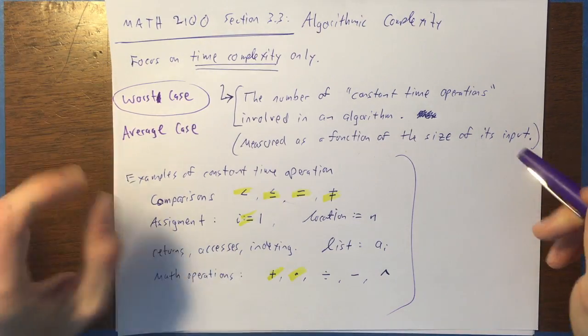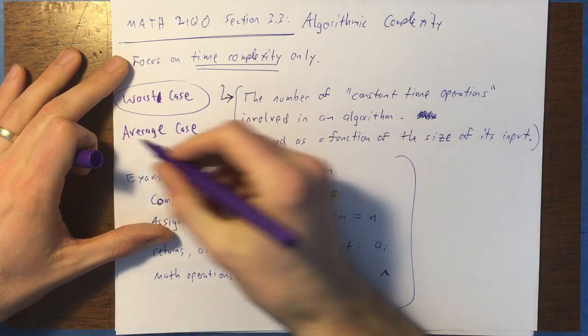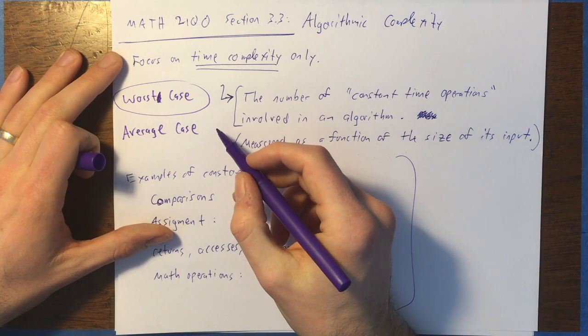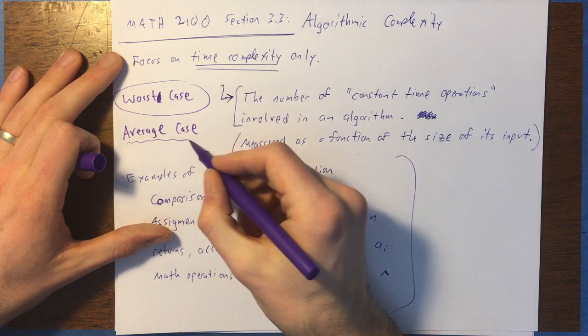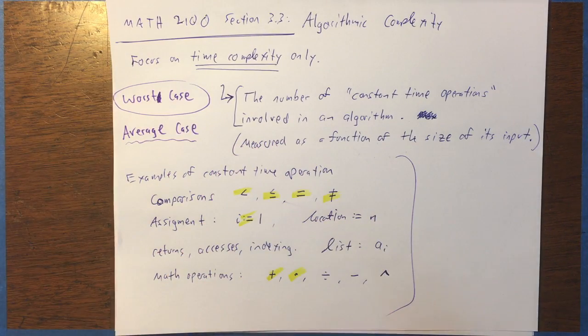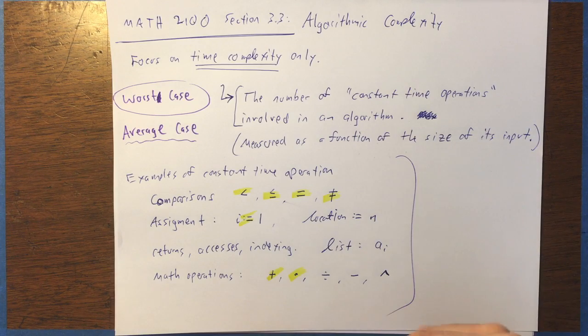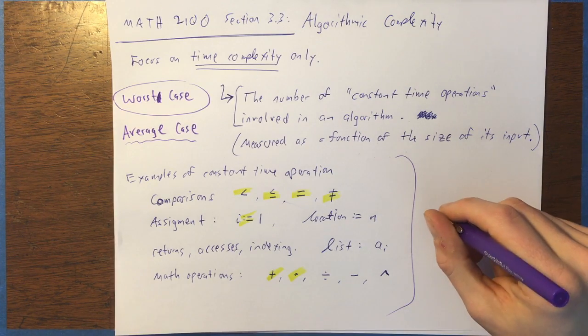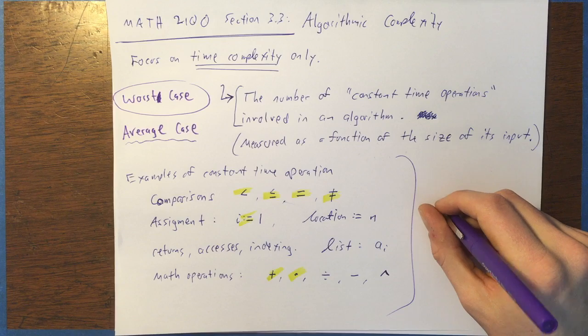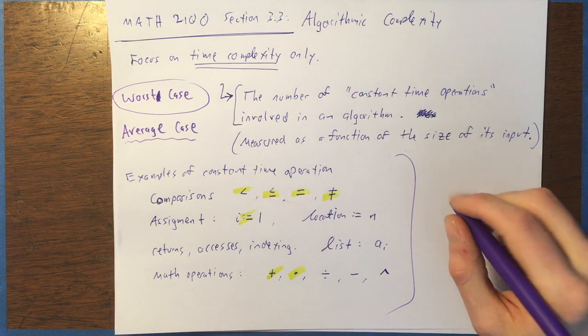Average case complexity is a little more complicated, and I'm not going to dive into that too much. If you want to, you can read about it a little bit in the section, but I'm not going to really get into that. So space complexity and average case complexity are things I'm not going to go into. There's also some stuff near the end of this section about P and NP, which one of our teams is going to give a presentation on.